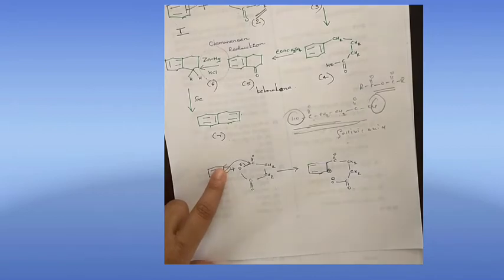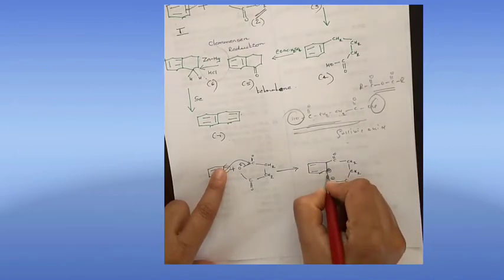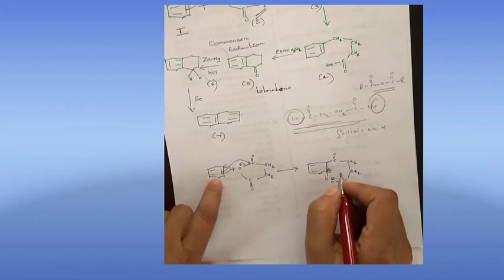Then now look at here, there is one hydrogen, right? Are you agree? Why? Because each carbon is bonded to 4 bonds, but here the number of bonds is 1, 2, 3. So that means this carbon contains one hydrogen, right?